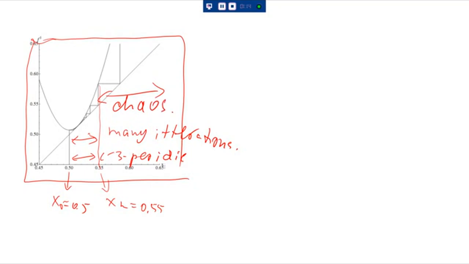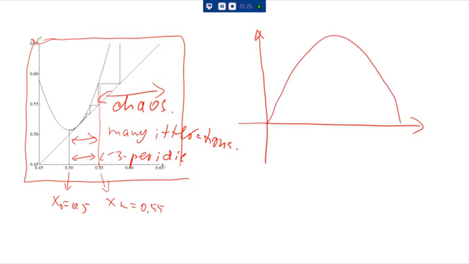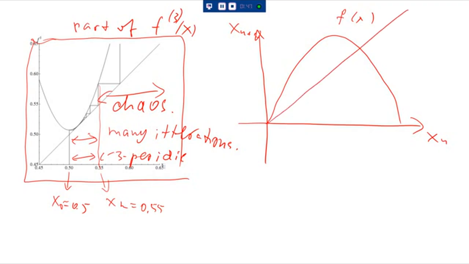To explain it, I will draw x_{n+1} versus x_n. This is our f of x. You remember this was part of f^3. Now, this is the diagonal line.